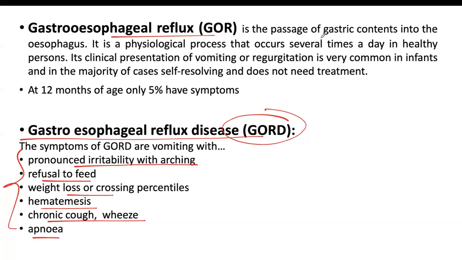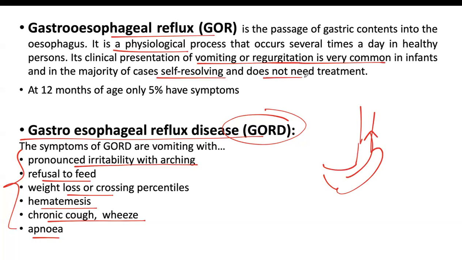So what is the difference between these two? Gastroesophageal reflux is the passage of gastric contents from the stomach into the esophagus. It is a physiological process that occurs several times a day in healthy children. Its clinical presentation of vomiting or regurgitation is very common in infants, and in the majority of cases it is self-resolving and doesn't need any treatment.